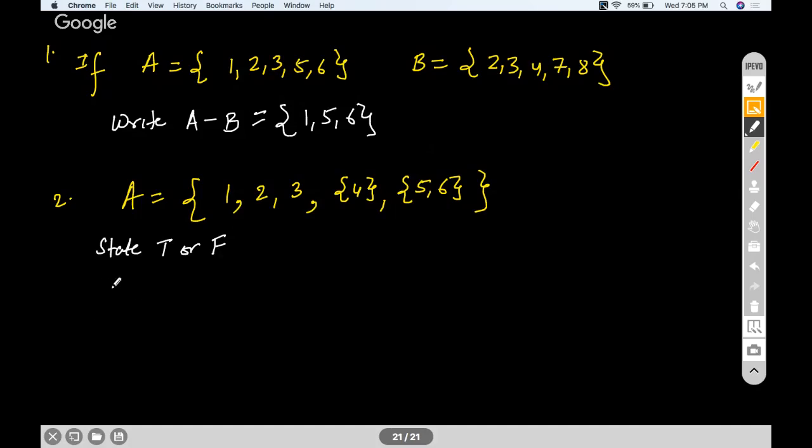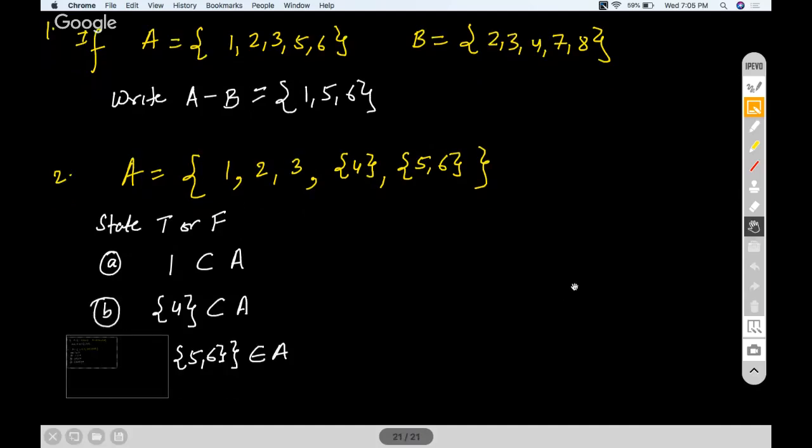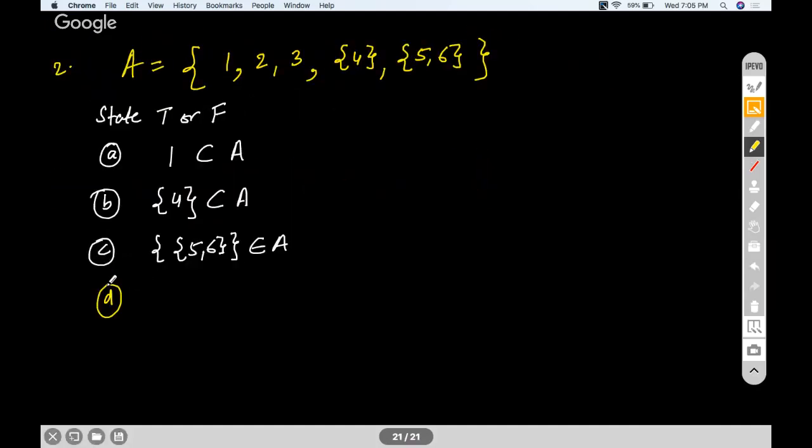Statement number A: 1 is a subset of A. Statement number B: this is a subset of A. Statement number C: this belongs to A. Statement number D: 1, 2, 3 is a subset of A.